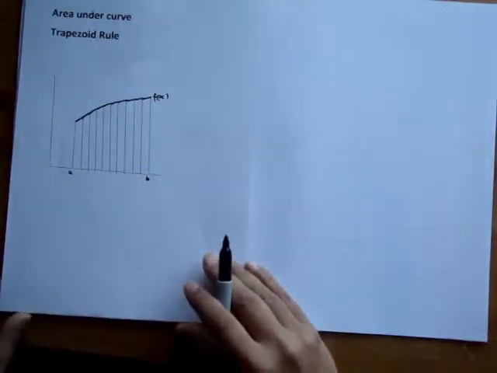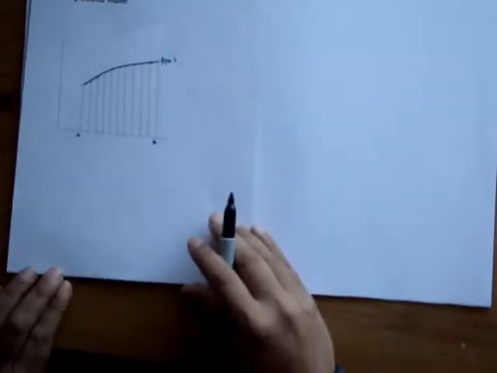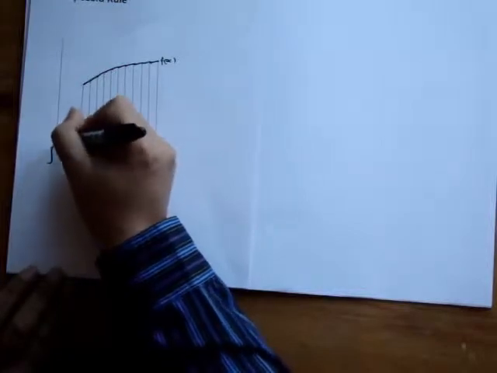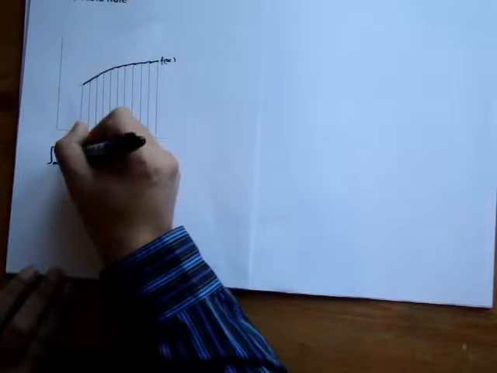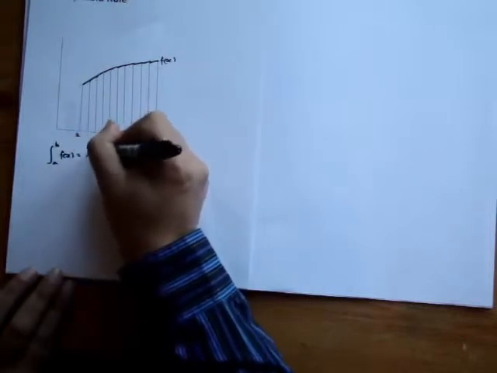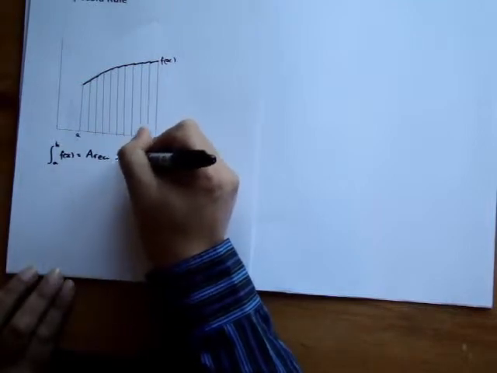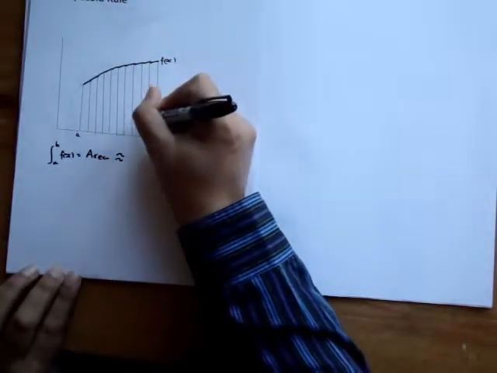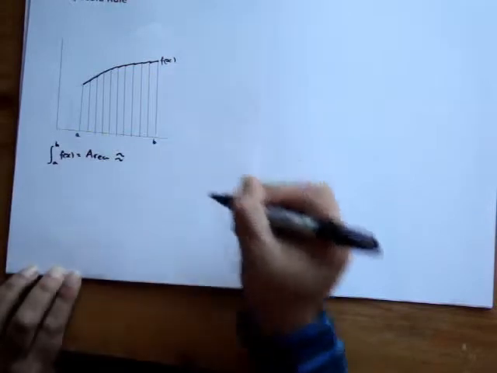The trapezoid rule I'm going to write out in words because sometimes it's easier to understand. So the integral from a to b of f of x is the area, and then we get an estimate. Each width has to be the same for these strips, or these trapezoids.